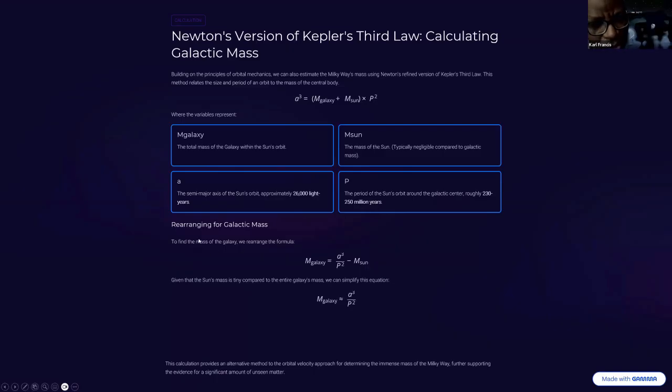Okay, right? Rearranging this to solve the original equation for the galactic mass, we have the mass of the galaxy equals a cubed over P squared minus the mass of the Sun. Now, the mass of the Sun is so tiny compared to the mass of the galaxy, so it's negligible. So we're just going to drop that. It's almost like being zero.